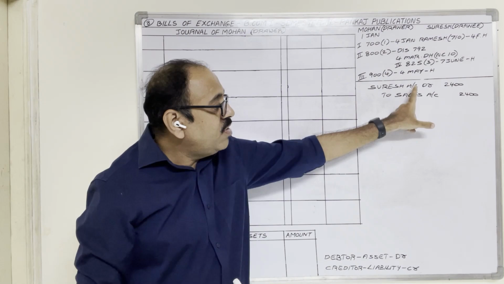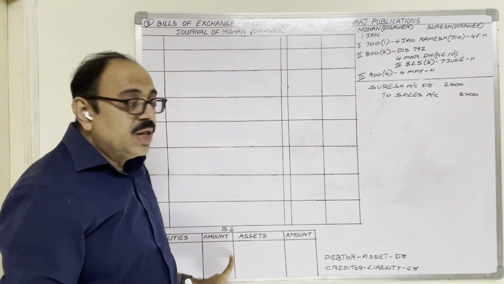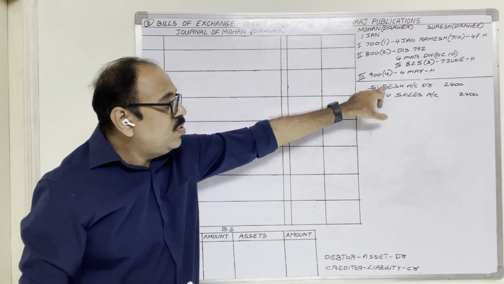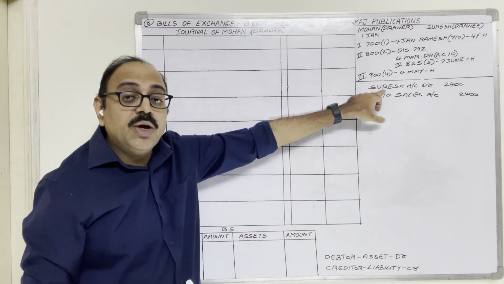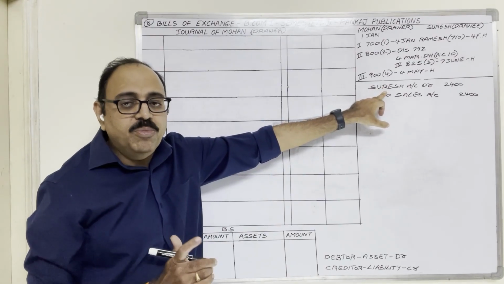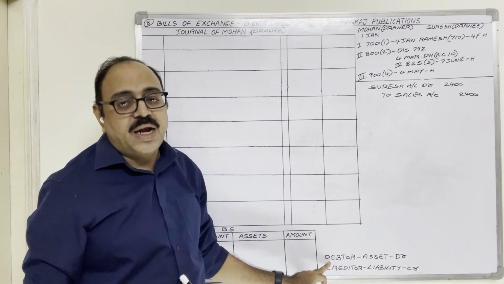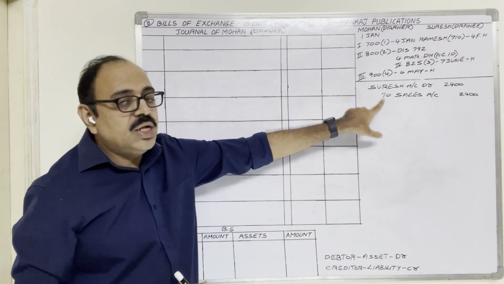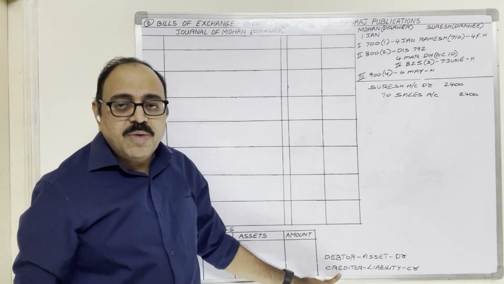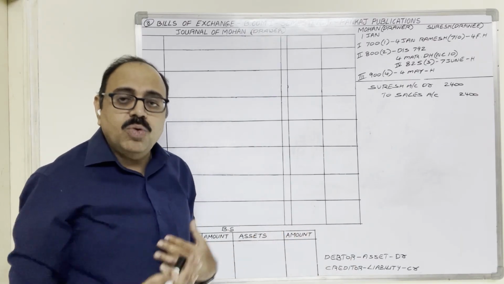So what is the effect of this entry on the balance sheet? In Mohan's balance sheet, Suresh account is debited. So a personal account is debited. If any personal account is debited, then the meaning is that person is a debtor. If any personal account is credited, then the meaning is that person is a creditor. Debtor means he has to pay money to us.